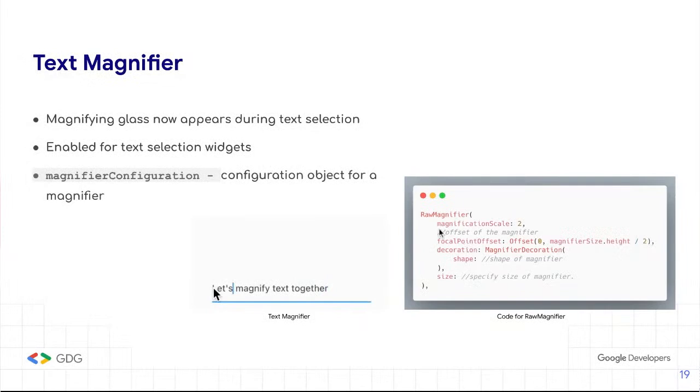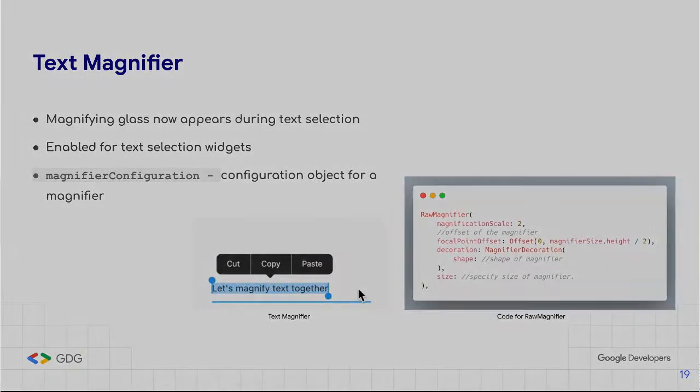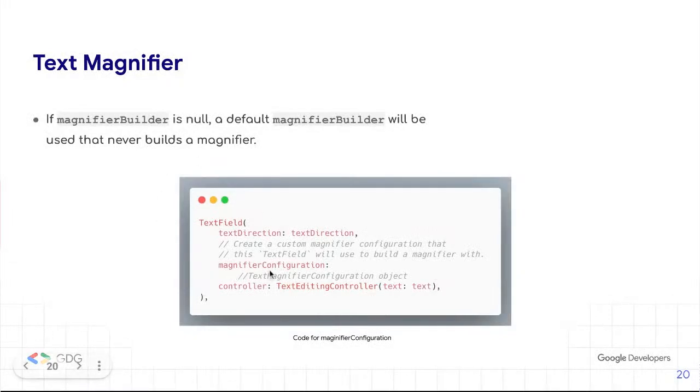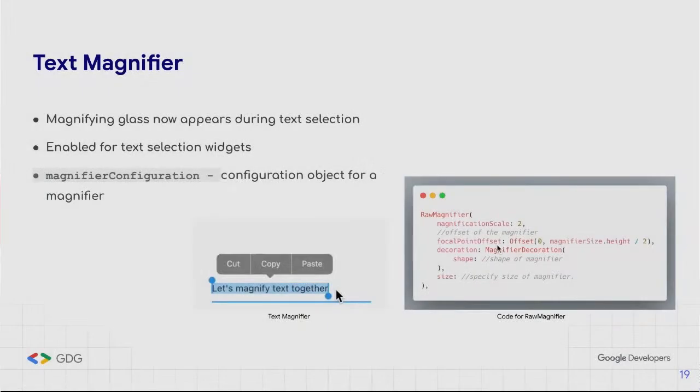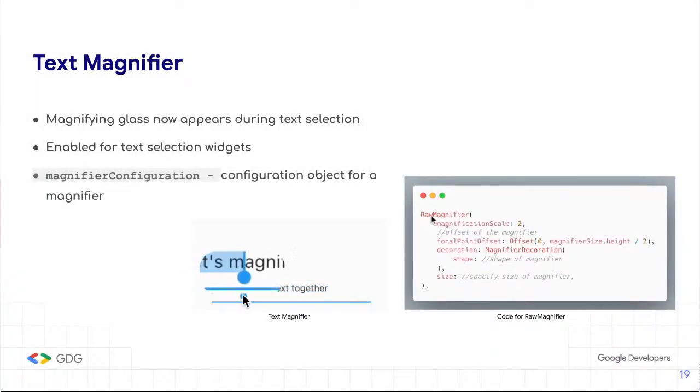Now, if there is no magnifier configuration object, then it is going to be null and no magnifying glass is going to be available. So if you want to use it, you can use a raw magnifier. This is how the magnifier works.